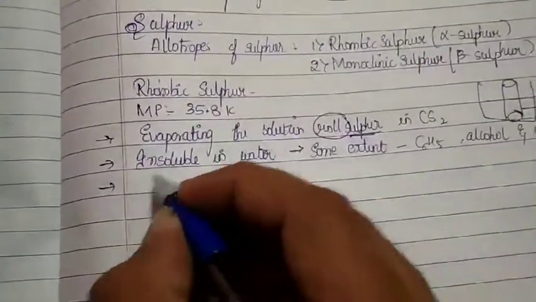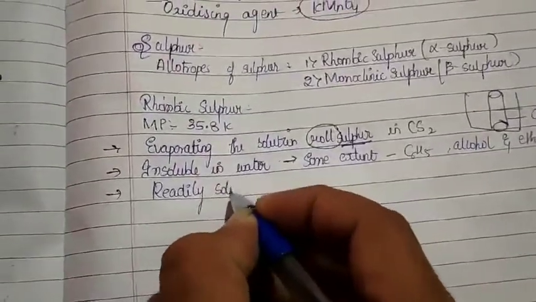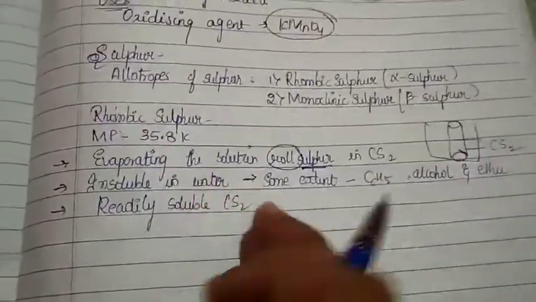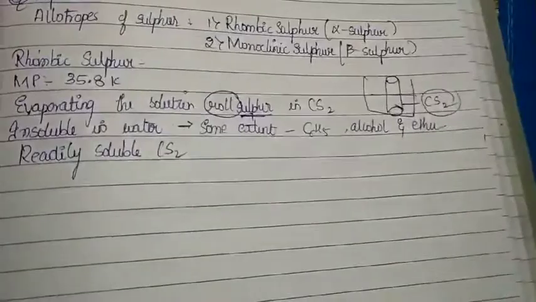But they are readily soluble in carbon disulphide. That is the reason when we are preparing rhombic sulphur, we are using the solvent CS2.